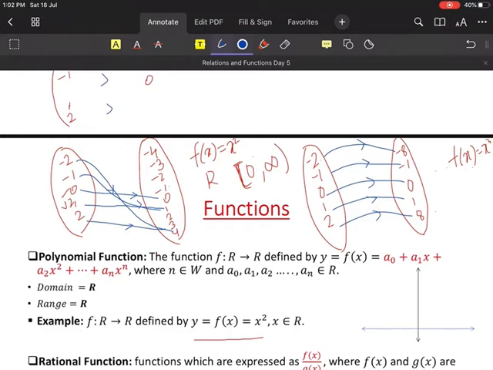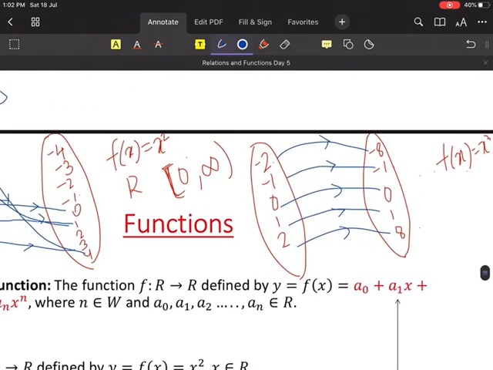Understood? But if they ask you what is the range of x square, you will write 0 to infinity. Understood? Clear? Okay? But now another question. If they ask you what is the range of x cube, what will you tell? The range of x cube will be R. Understood? Look, I haven't considered there are many terms, right?